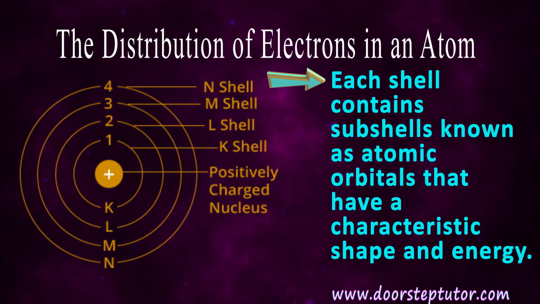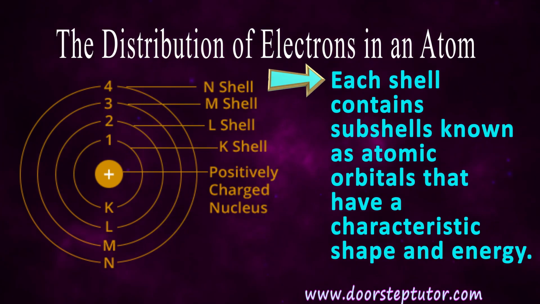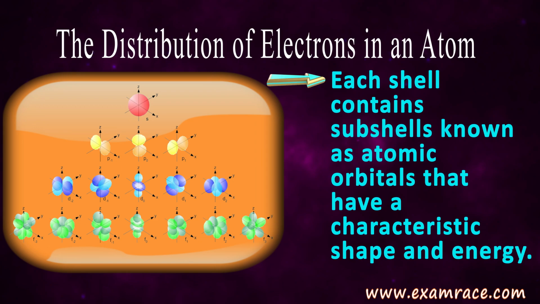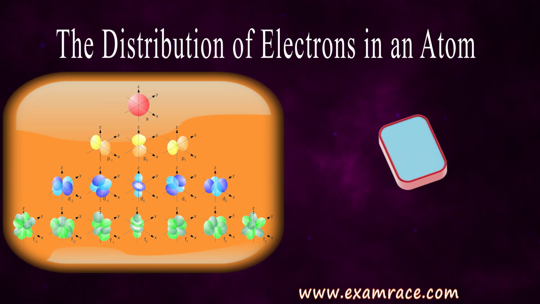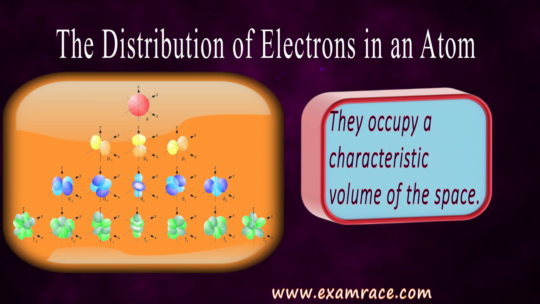Each shell contains some subshells, and these subshells are also called atomic orbitals, and these atomic orbitals have a characteristic shape and energy. They occupy a specific volume of space.